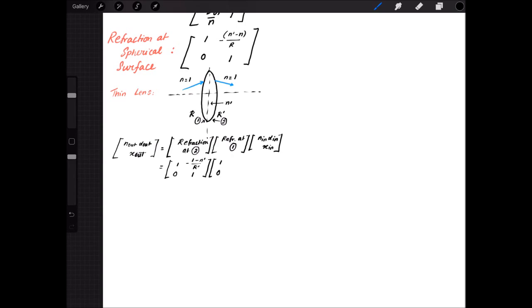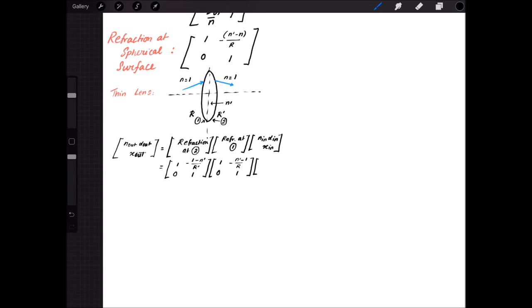So let's write it similarly for the case of the first refraction. So in this case, the output is the lens. So the ray is going from the air to the lens. So the refractive index in this case is n prime minus 1 and r and minus. Hope this is clear.